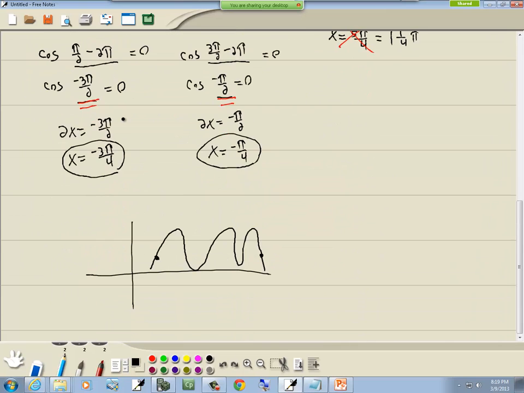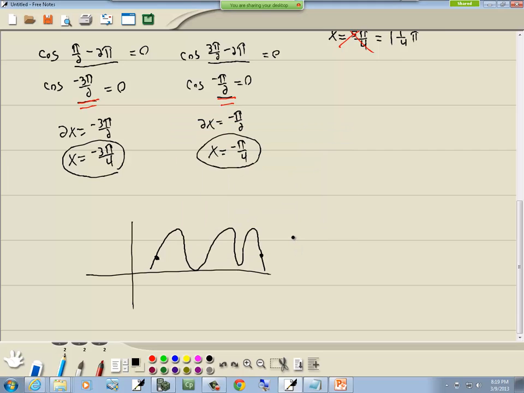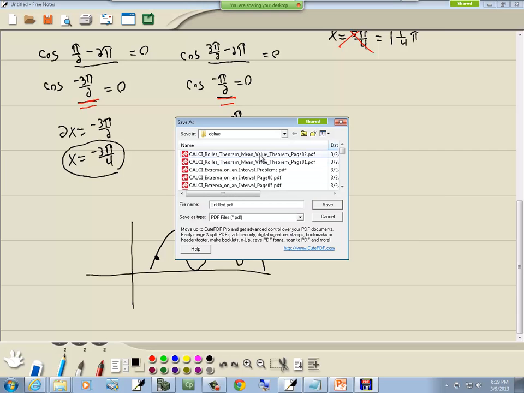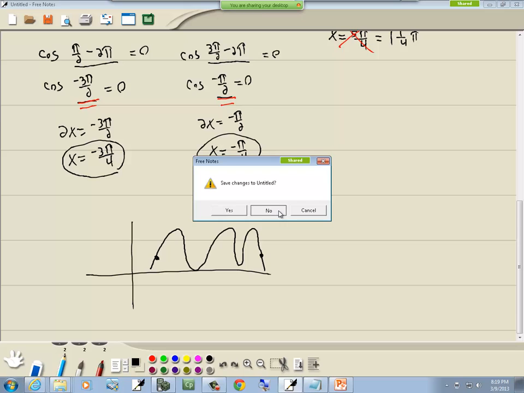Let me save this. And let's talk about the mean value theorem.